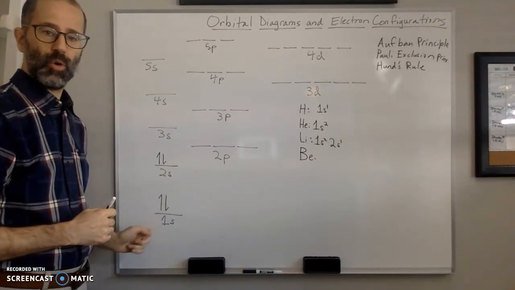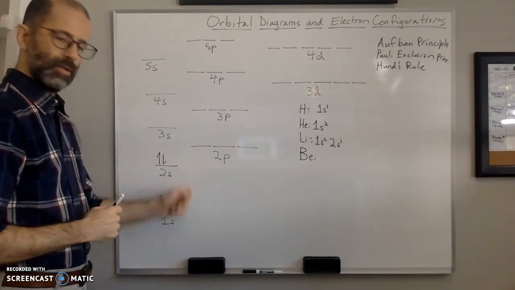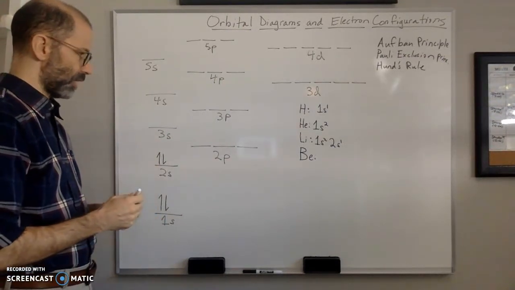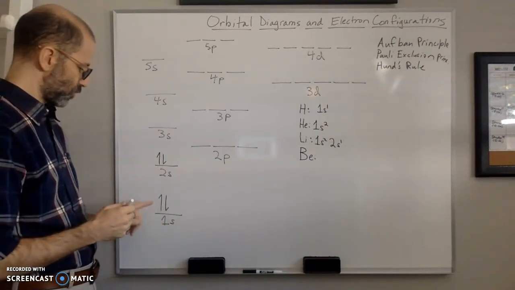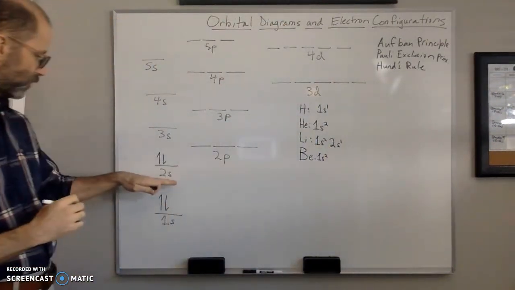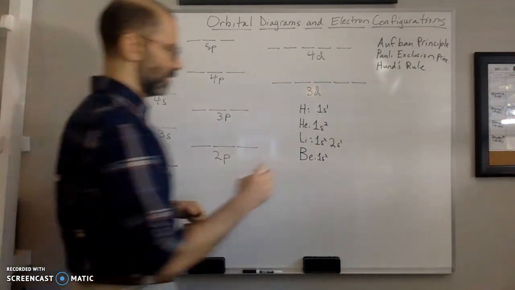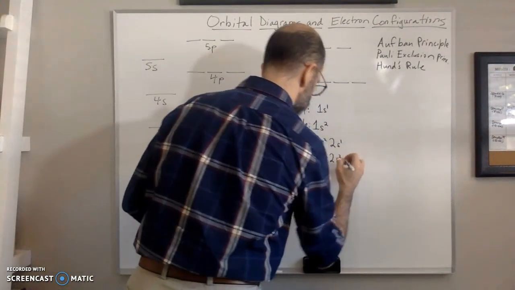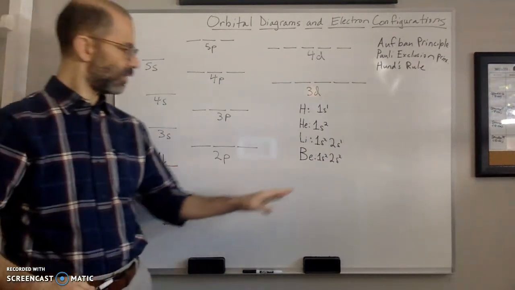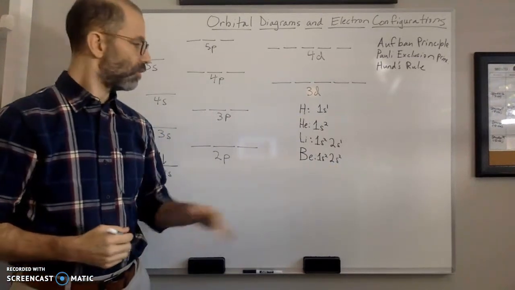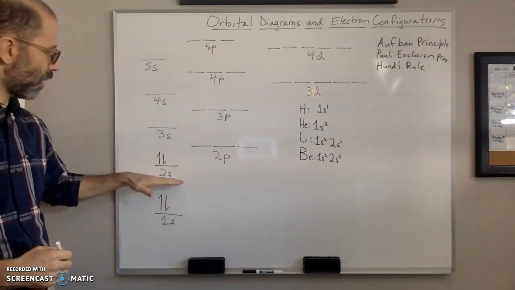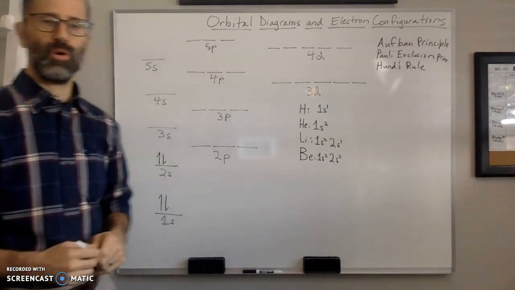So now we have the orbital diagram for beryllium. Now we write those 4 electrons in order: 1s2, and then 2 electrons in the 2s, so 2s2. This is the orbital diagram for beryllium, and this is the electron configuration for beryllium. I'm going in order from low energy to high energy, and I'm writing them in that same order.